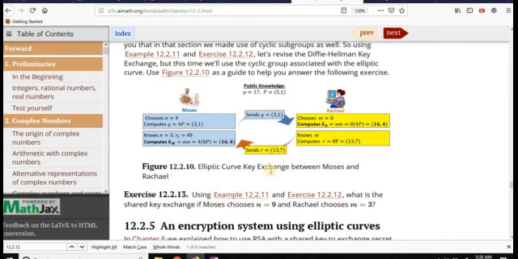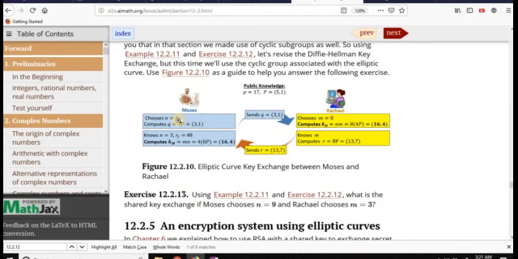The point of this is for them to get this shared pair of numbers, which nobody else knows, but they know. How does this work?